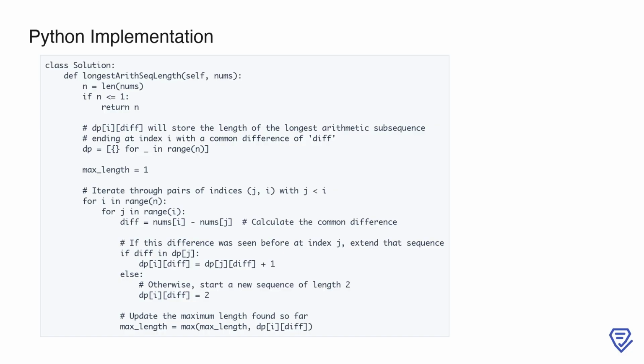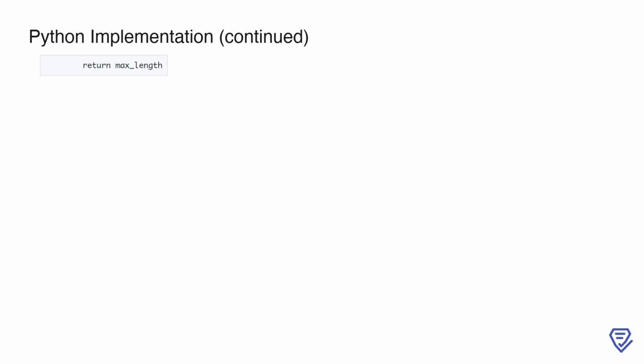Otherwise, we start a new arithmetic subsequence of length 2 at index i with the given difference. At each step, we also update max_length to ensure it reflects the longest subsequence seen so far. Finally, after processing all pairs of indices, we return the value of max_length. This variable contains the length of the longest arithmetic subsequence found in the input list.